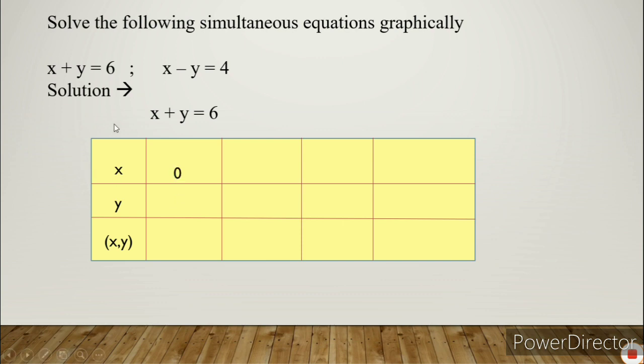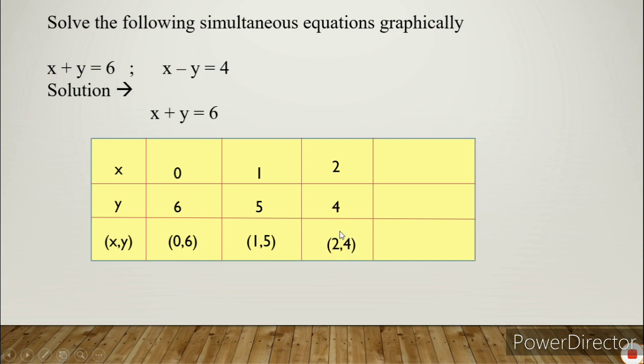Put x equal to 0 in this equation, we get the value of y equal to 6 and the ordered pair is 0, 6. Again put x equal to 1 here and we get the value of y as 5. So the ordered pair is 1, 5. Again put x equal to 2 here and get the value of y as 4.